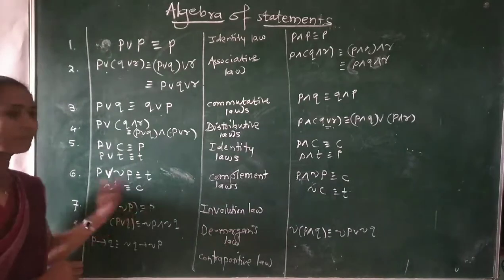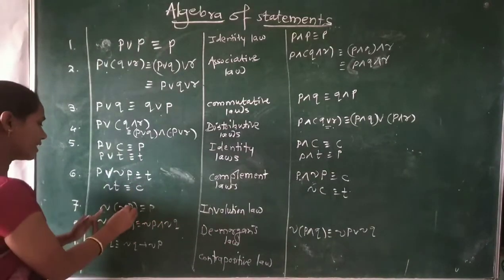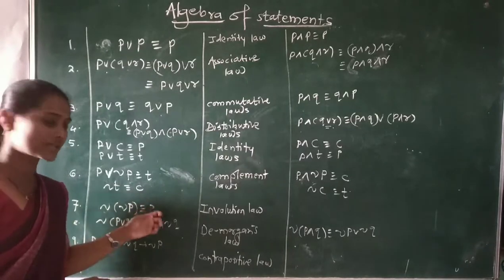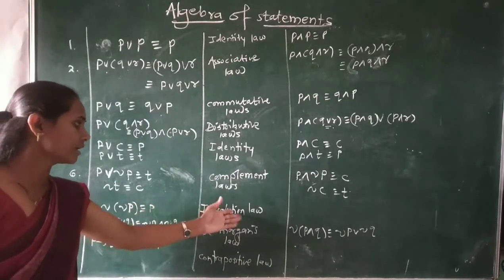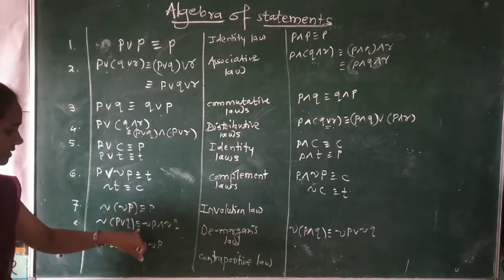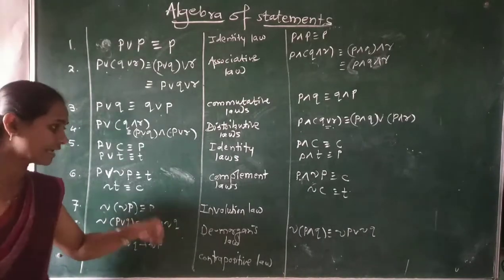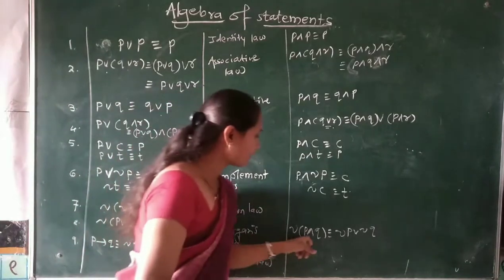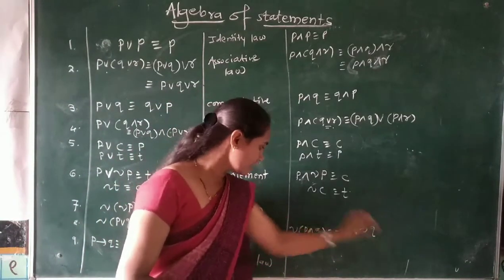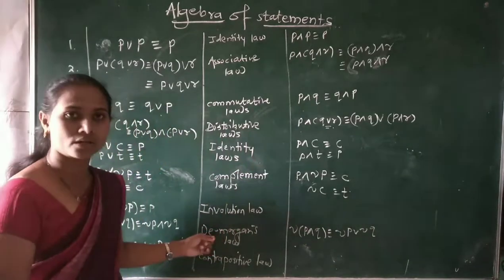Next one, negation of negation P. So negation of any negative statement is the original statement itself. It is called as involution law. Next, negation of (P or Q) is equivalent to negation P and negation Q, or negation of (P and Q) is equivalent to negation P or negation Q, which is called as De Morgan's law.